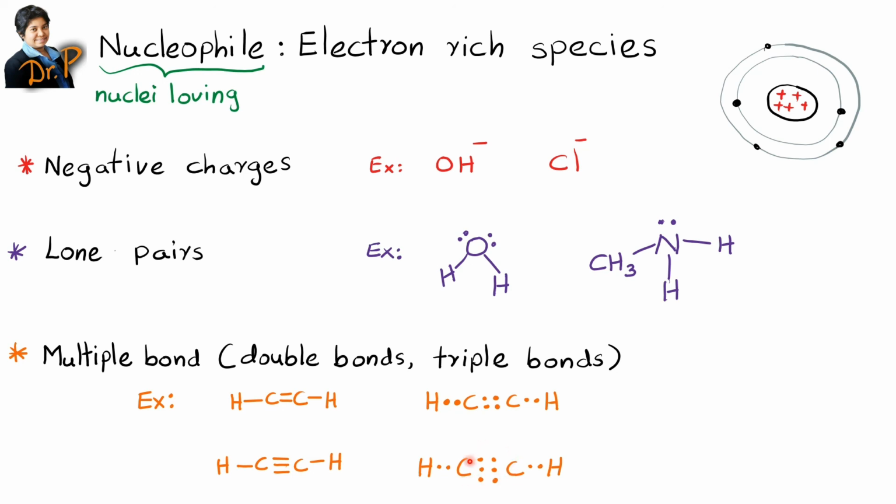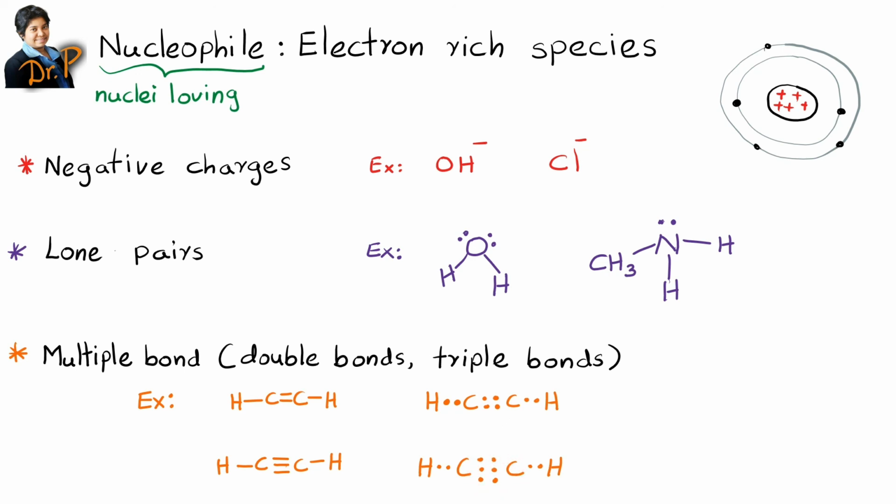So this means the electron density between these atoms is higher compared to a single bond. When you have multiple bonds, the electron density in these multiple bonds is higher.